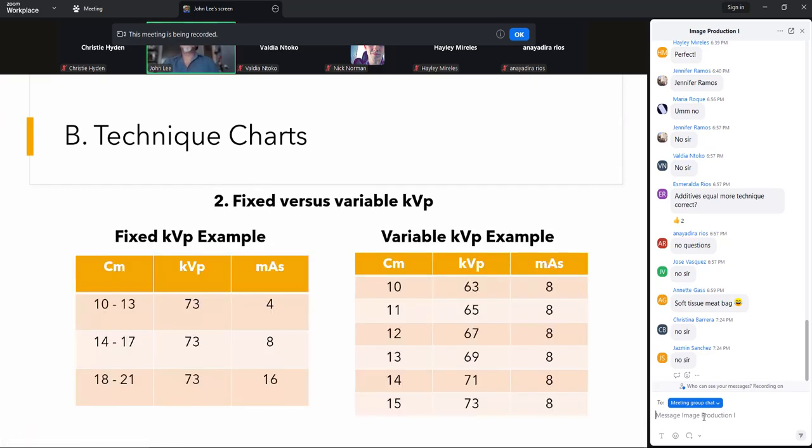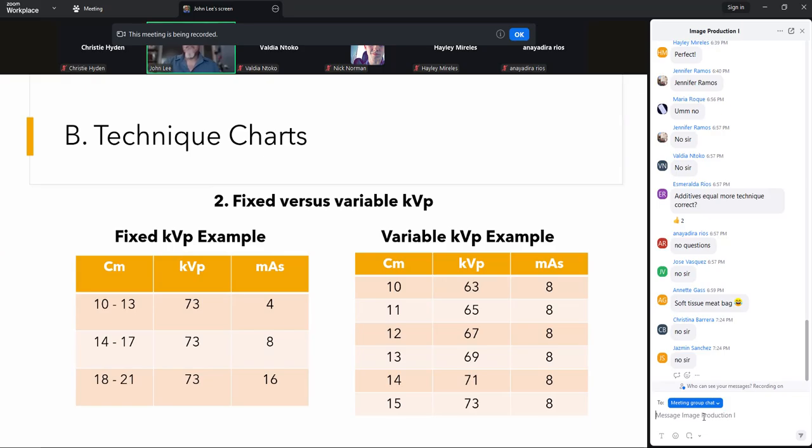Examples. So for 10, 11, 12, and 13 centimeter sized patients, we'll use 73 kV and 4 mass. Once we get to that next jump and that next grouping of 4 centimeter thicknesses, the mass jumps up by a factor of 2. Right.